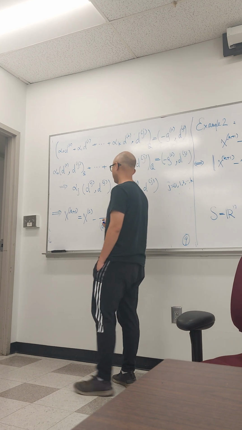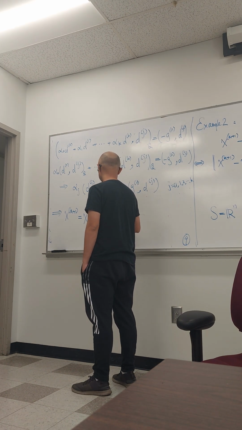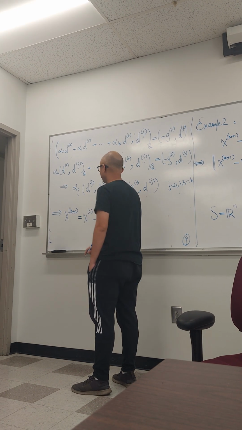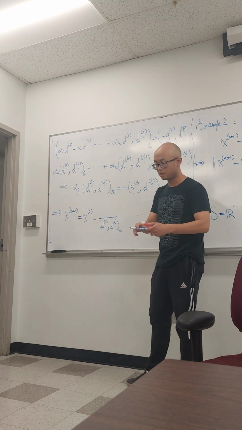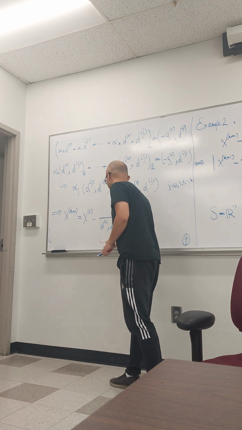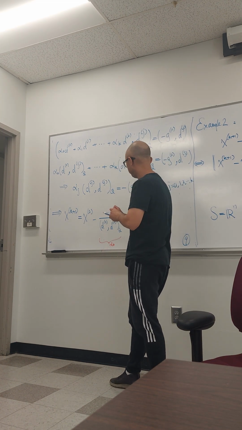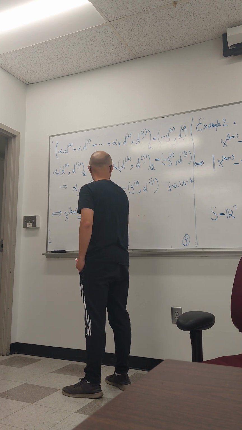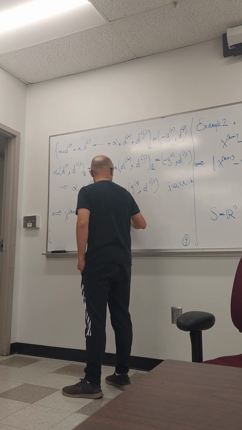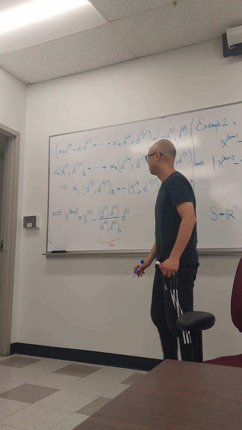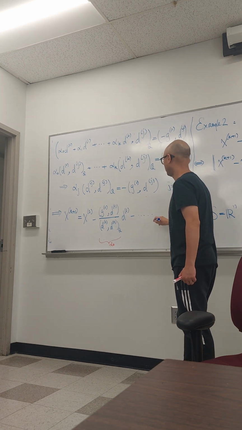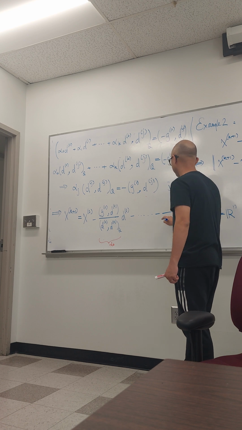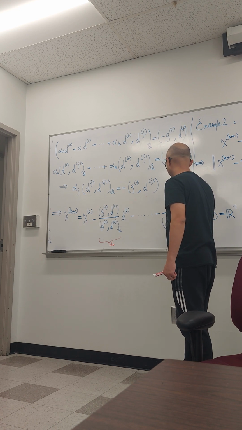So for example, this is our alpha 0. And then subtract dot dot dot, subtract, last one is dk.